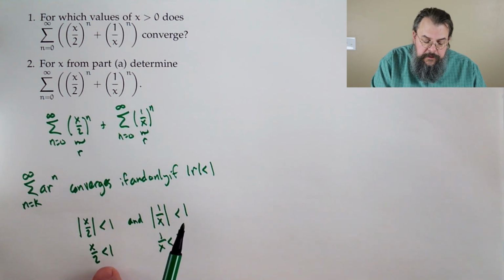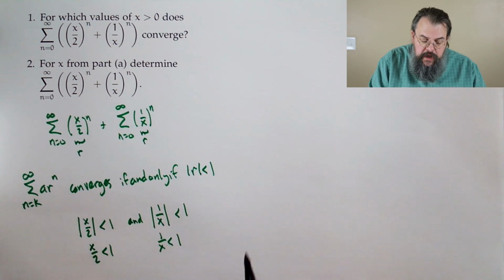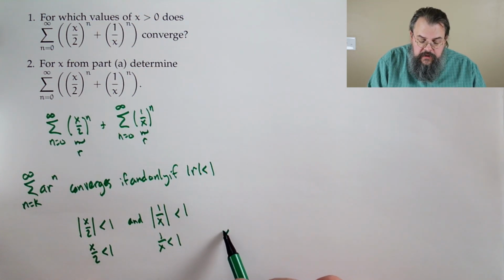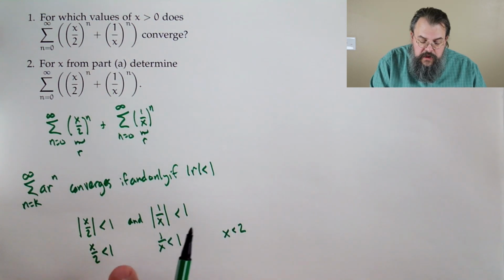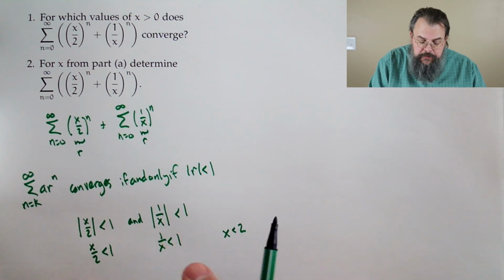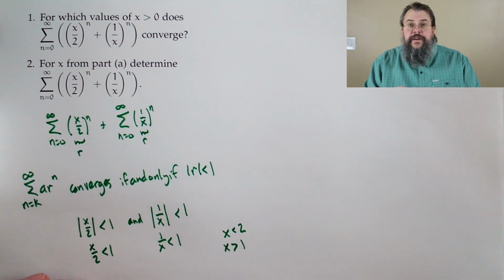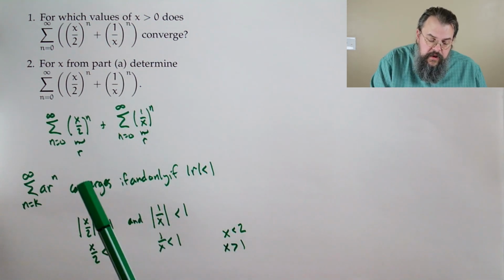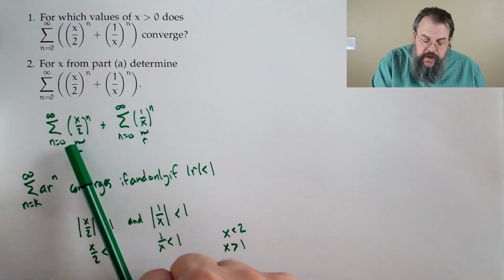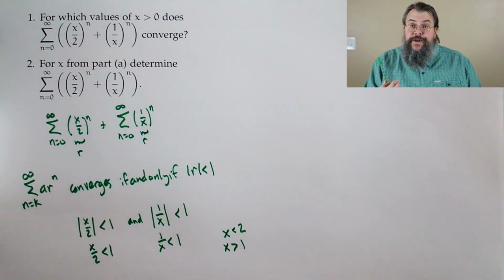And if we multiply, what happens? Here, we would say, aha, this is the same as saying, look, we need x less than 2. And here, if you multiply, we would say x has to be greater than 1. So as long as x is small enough, then x over 2 is small enough, things converge.